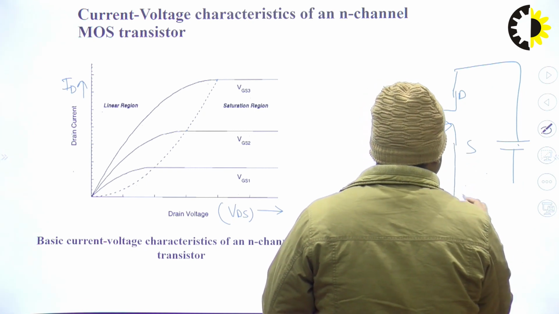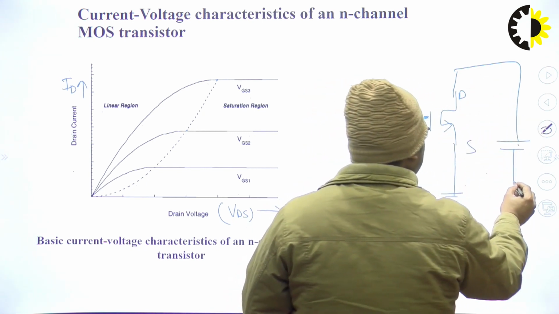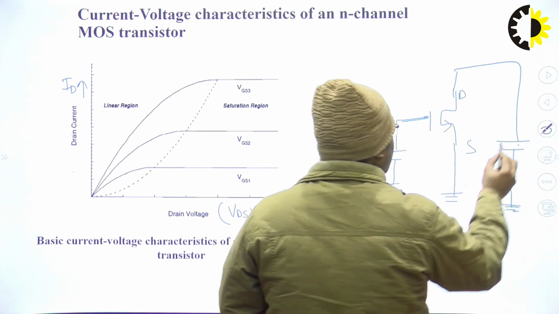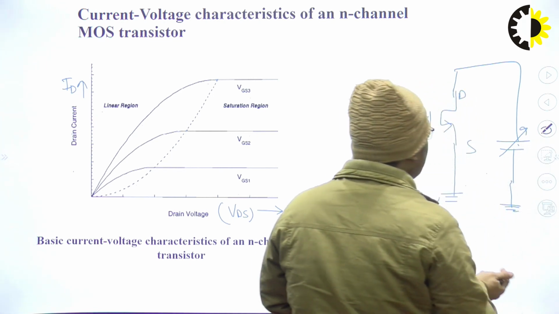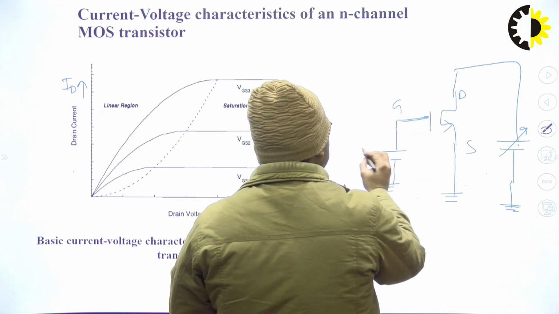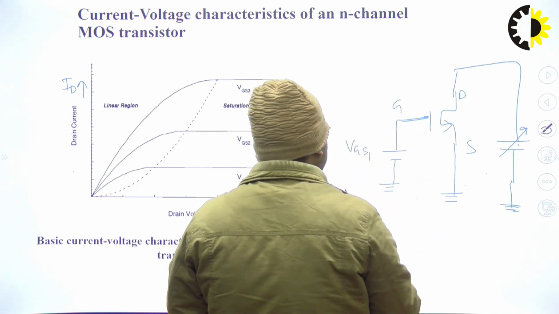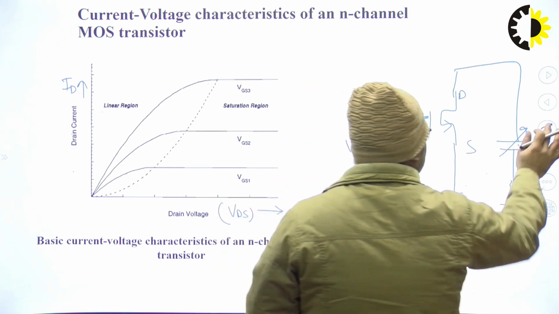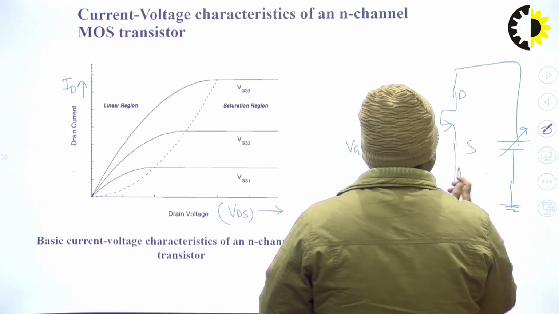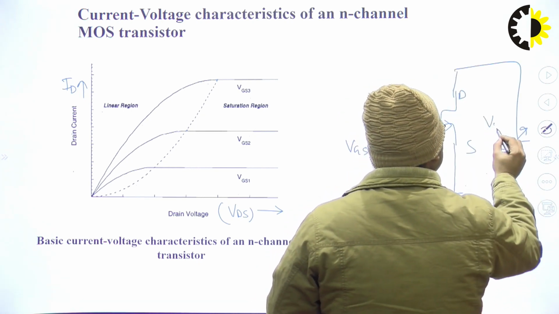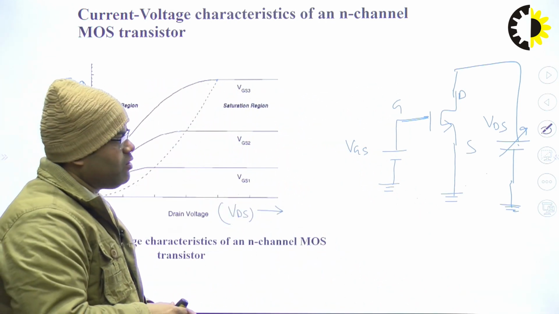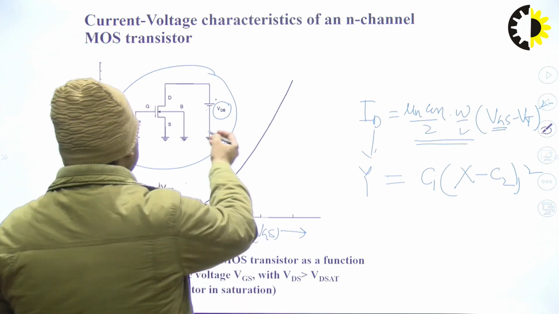So source is grounded, drain is connected to the positive terminal of the battery. This is positive VDS, and here we are increasing VDS and not varying VGS. So VGS is fixed. For the fixed value of VGS we have plotted this curve between VDS and ID.